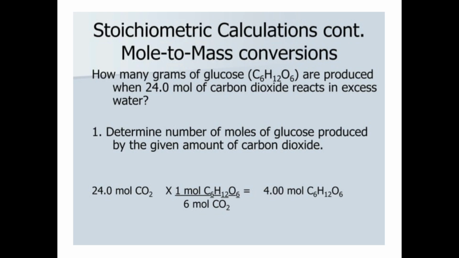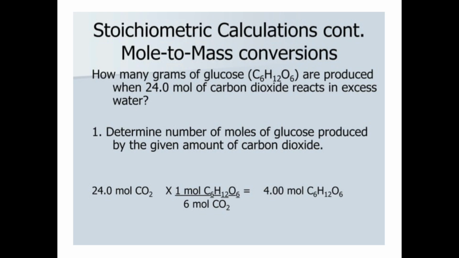Now, you have been given the actual mole of CO2, which is 24.0 mole. Because the major relationship there is between CO2 and glucose, you can say stoichiometrically that 6 mole of CO2 produce 1 mole of glucose.